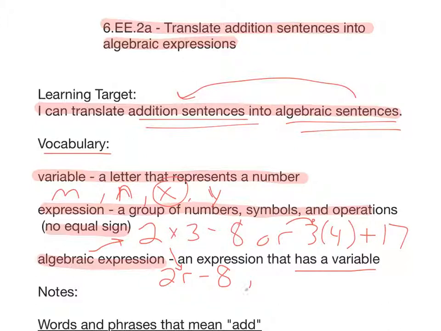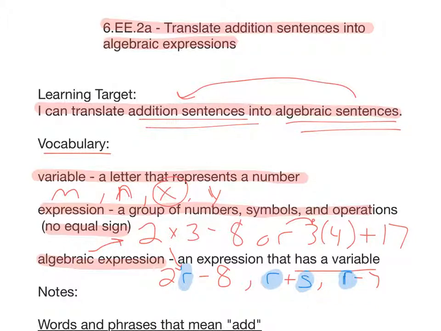Another example of an algebraic expression, r plus s. That's got 2 variables in it. Another example, r minus 7. Those are algebraic expressions because they have variables. There's an r, there's an r, there's an s, there's an r. Usually you'll see an x or an n also.